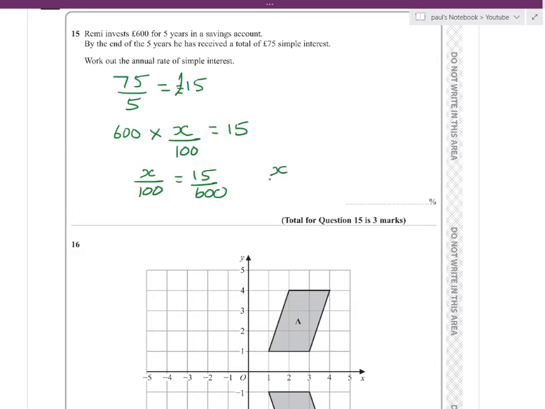So x equals 15 divided by 600 times 100, which equals 2.5%.